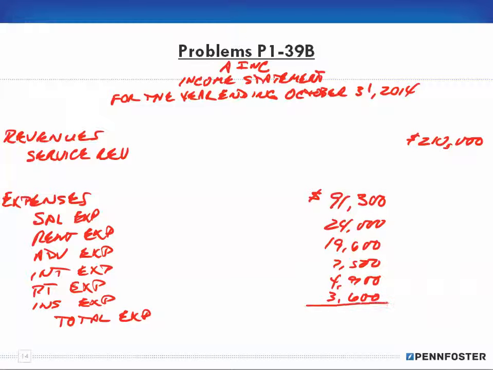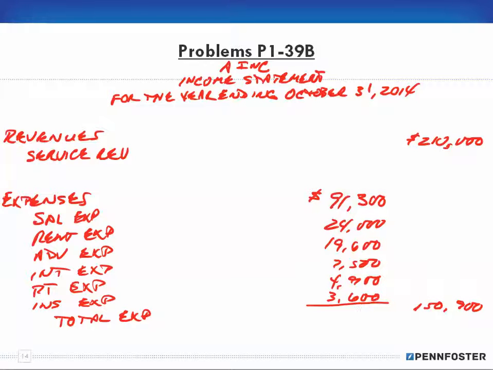And because that's a mathematical calculation, I'm drawing an underline, and I'm putting the total of that calculation in the next right column. So that's 150,900 are my total expenses. I add up all of those, that's the amount I get. Okay.